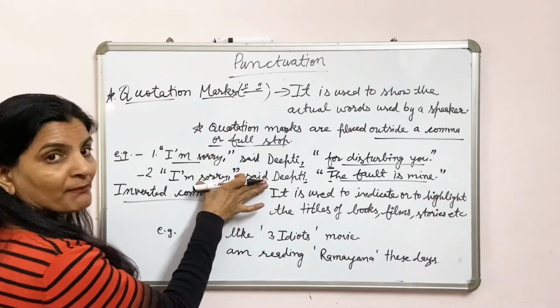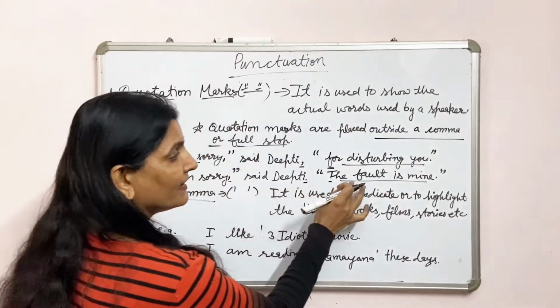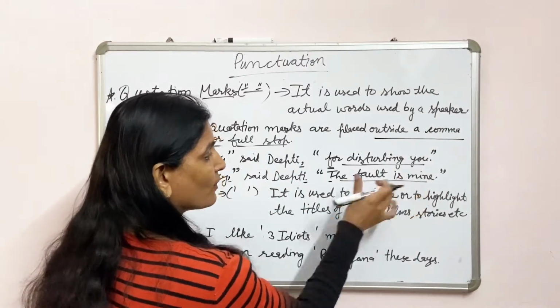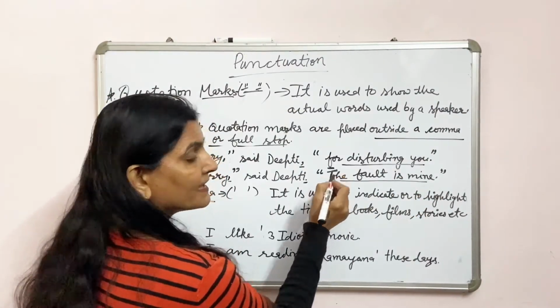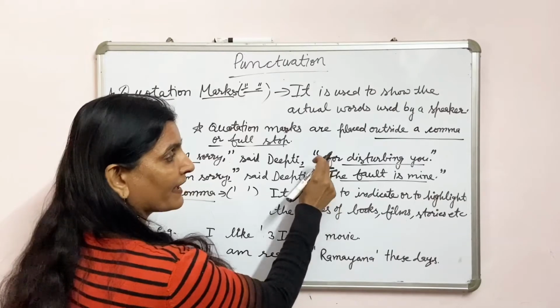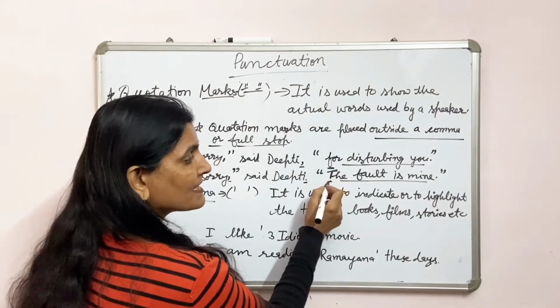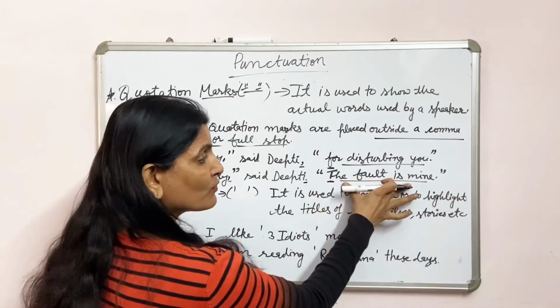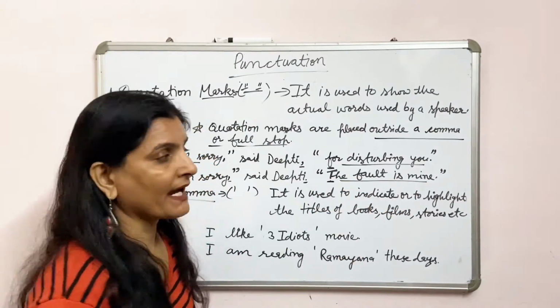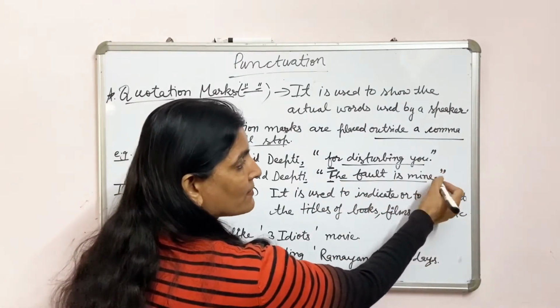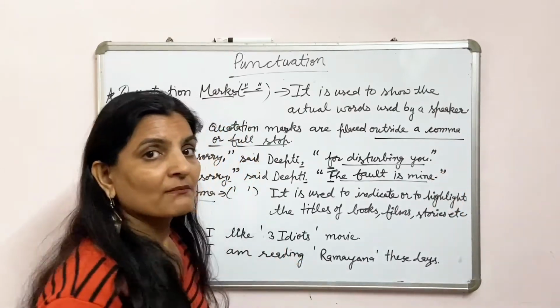I have completed my sentence, and this is a new sentence, so I put a capital T here and a small letter there. Look at it carefully. The T of "The" is capital here because this is a new sentence. "The fault is mine." After that a full stop and then the quotation mark closed.